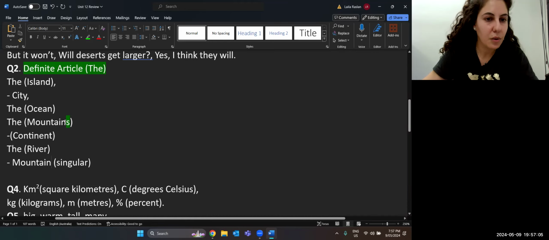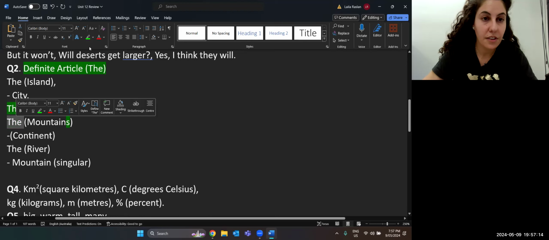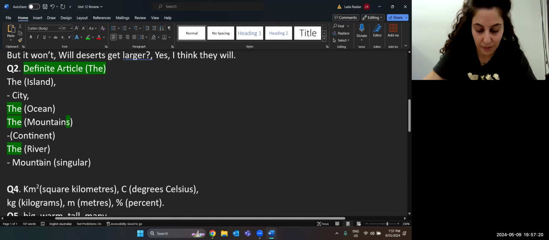If you have a look, the one that had the S, yes, I need to say the. So we say the ocean. We use it for the mountains with an S. We use it when we talk about rivers, but also with singular mountains, we don't.